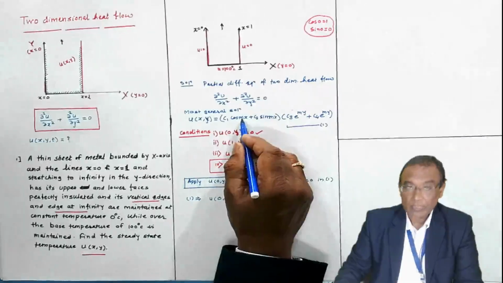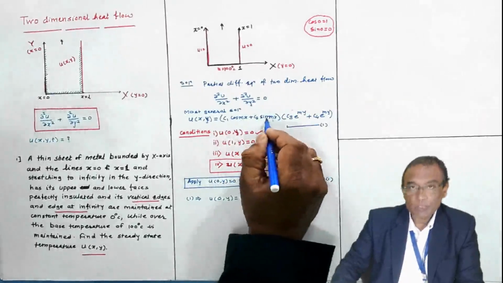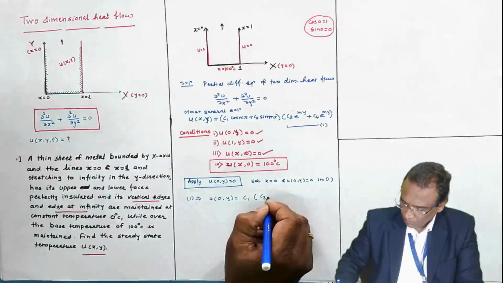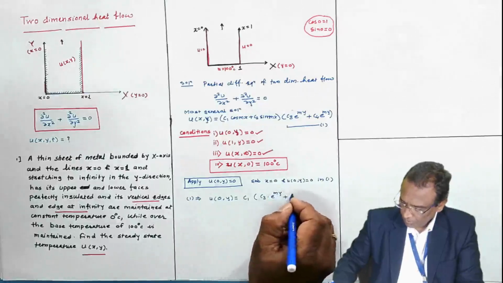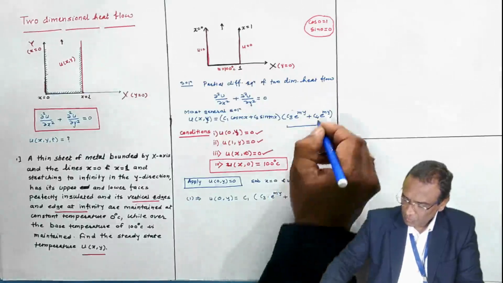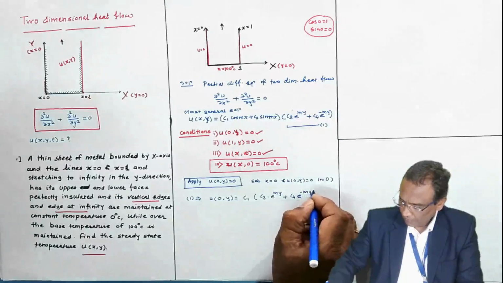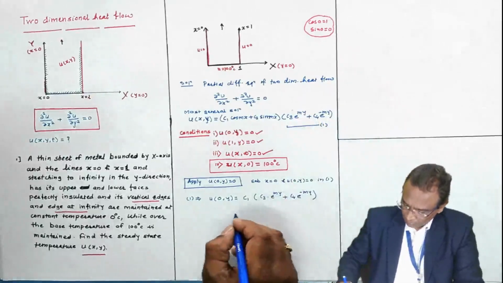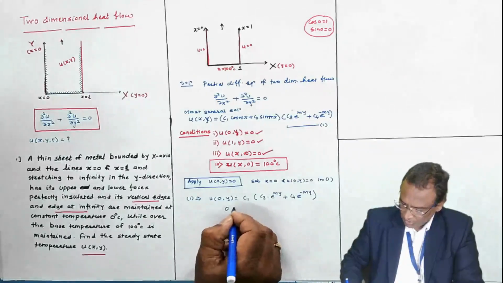So C1 will remain, and sin 0 is 0. Then C3 e^(my) + C4 e^(-my). This should be minus my. Now u of (0, y) is 0, which is given.